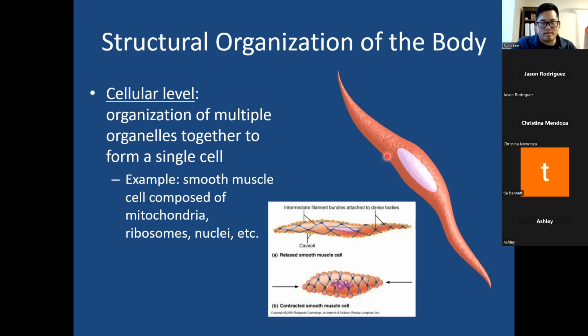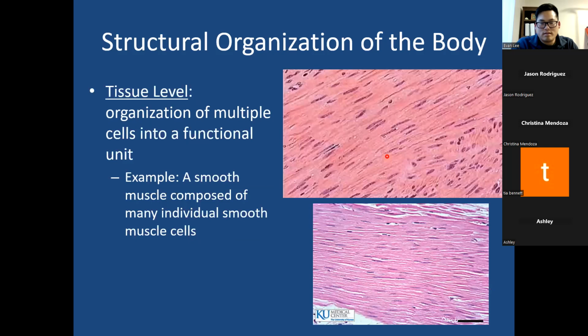If you combine those cells, one cell can do only so much, but with more than one cell, it'll be able to do a lot more. So when you combine those cells together or group those cells together, this is where we get a tissue. You can see one muscle cell, okay, that's great, but now you've got a bunch of muscle cells, and now it's actually going to be able to probably do something.